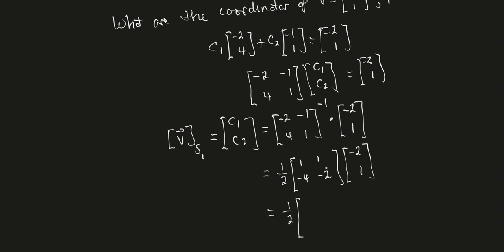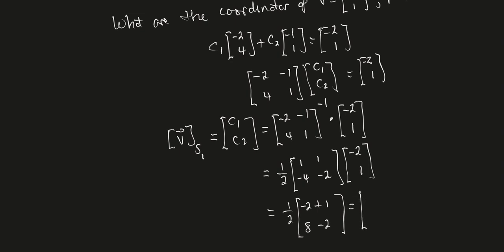So let's do that. So if we have 1 times -2, so that's -2 plus 1, right? So that's going to be my first entry, first position, and then my second position now is 8. So -4 times -2, so that's 8 plus -2 times 1, so that's -2.